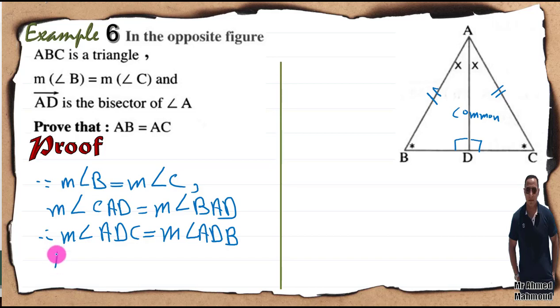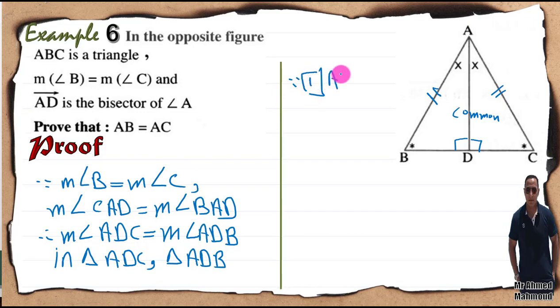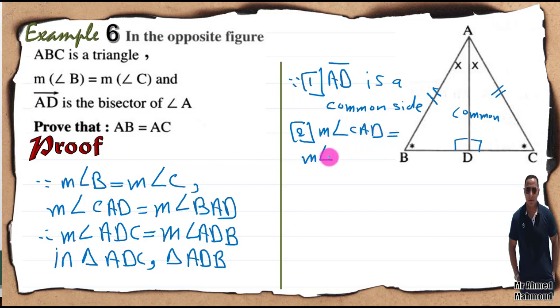Okay, now in triangle ADC, triangle ADB, since number 1, AD is a common side, and number 2, measure of angle CAD equal measure of angle BAD.